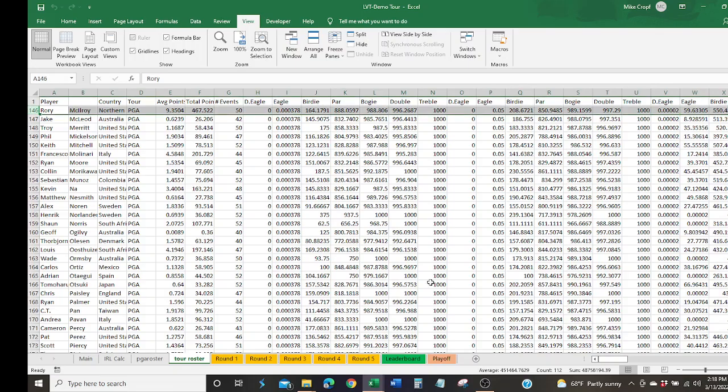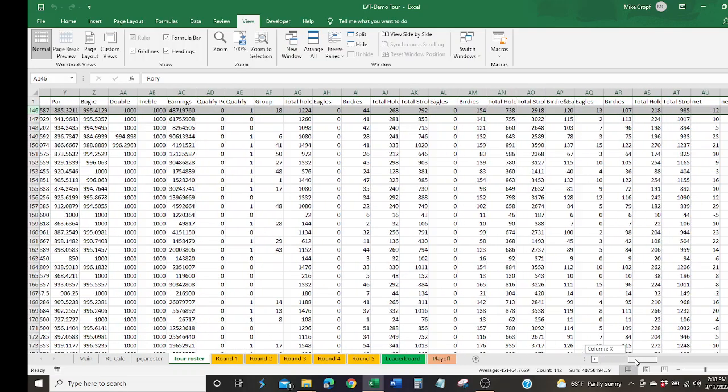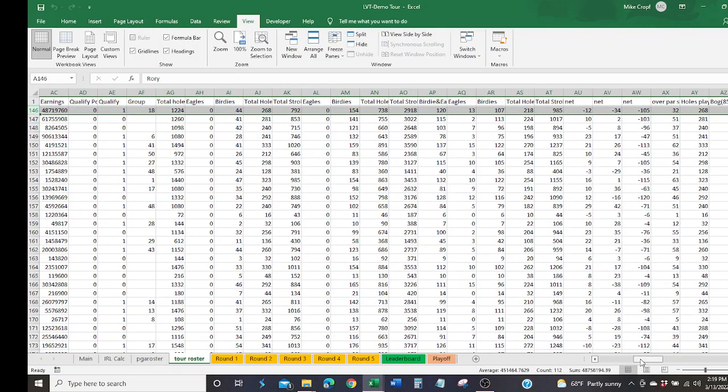What you will also see on here is what's captured at the end of every tournament, which partly takes a while. We capture statistics for the golfer, and we update the number of birdies and total holes and total strokes that he had for that tournament, and we add those up.